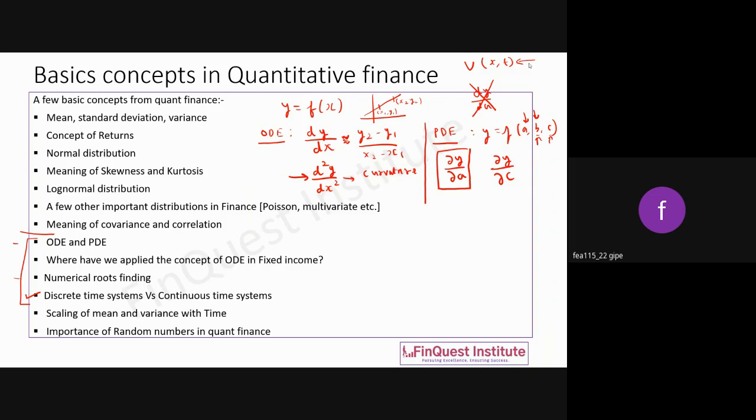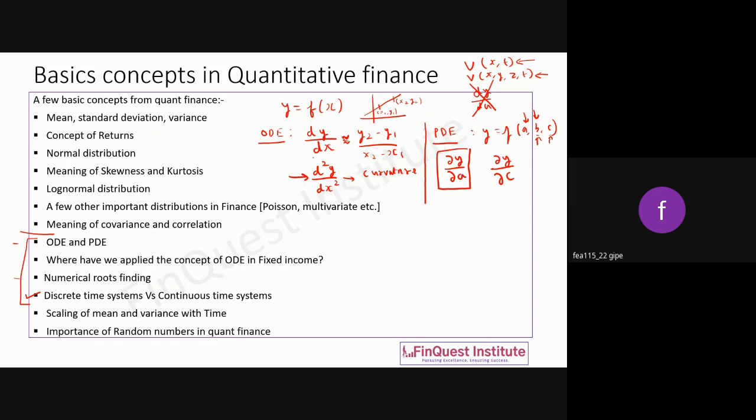Even if you're looking at an exotic product with a basket linked payoff, something like V is a function of X, Y, Z, and time, this complicates things because you have multiple underlyings. So again, it's another form of a partial differential equation. But you may have to go in for a first or second order partial differential equation depending on the scenario. But this is in brief the idea behind an ODE and a PDE.